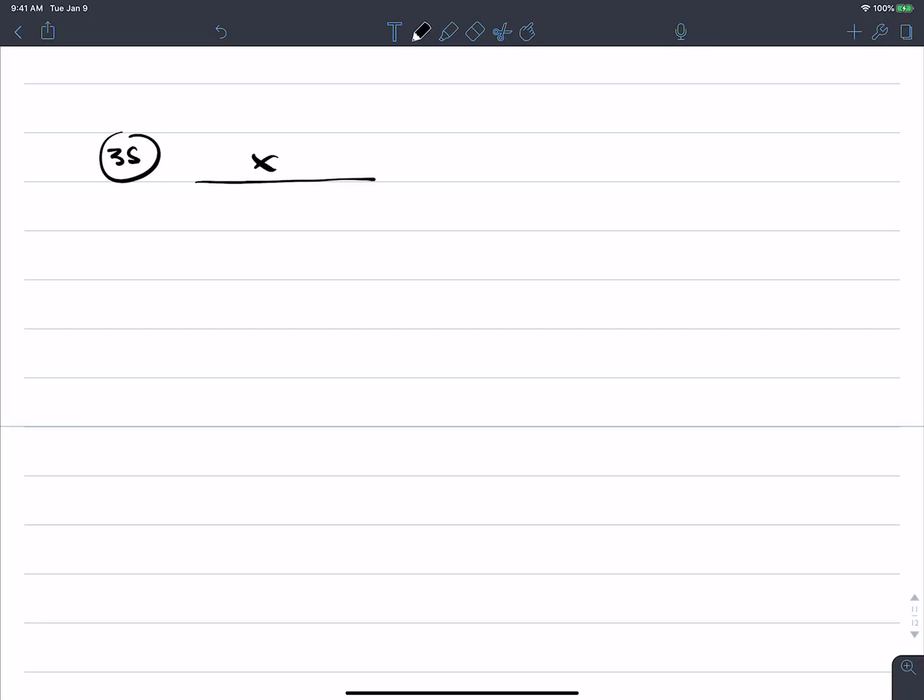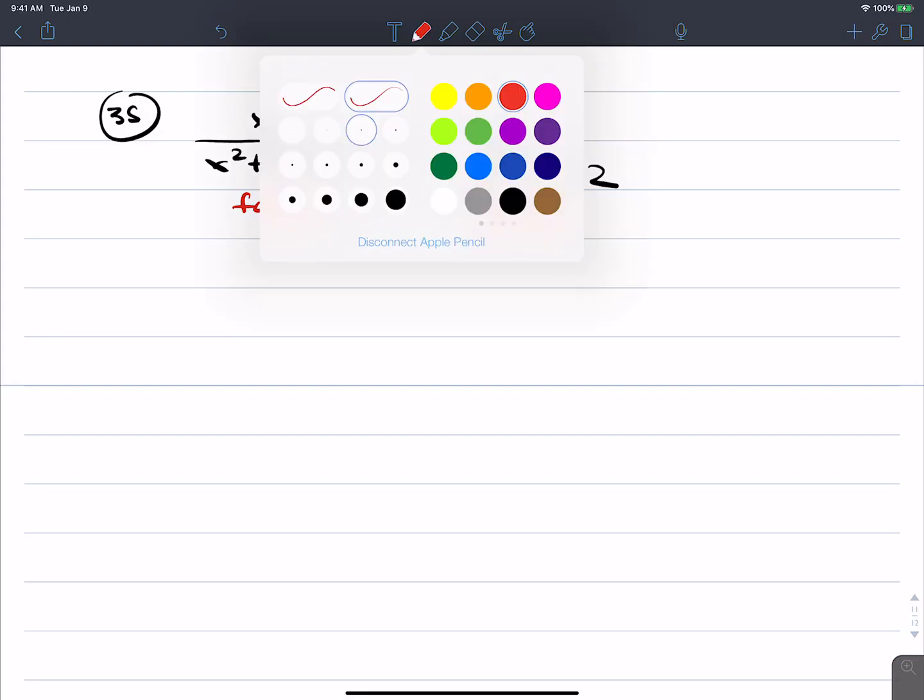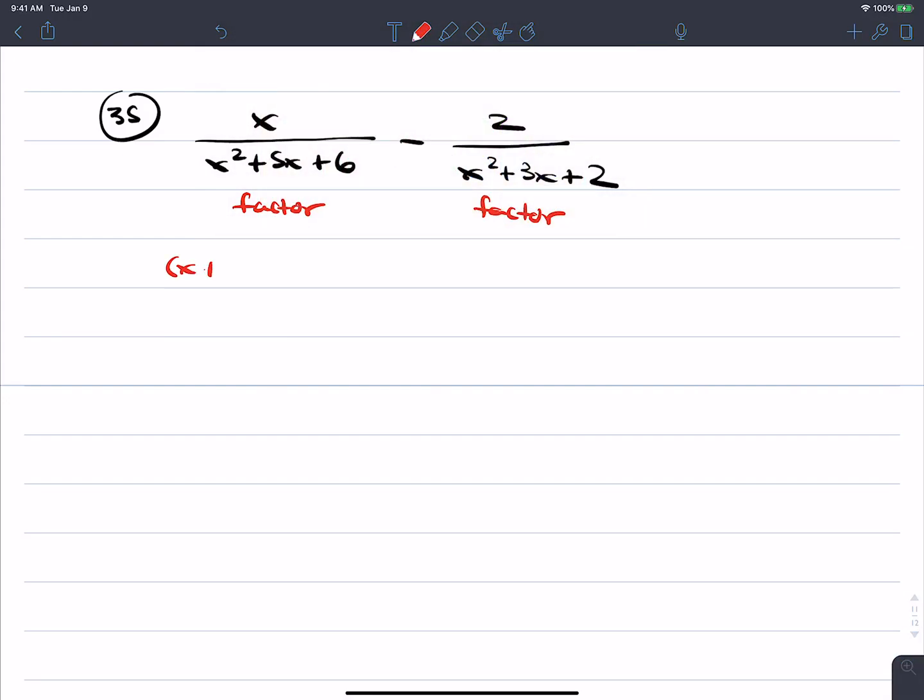x over x squared plus 5x plus 6 minus 2 over x squared plus 3x plus 2. You have to factor your denominators. So we get x plus 3 times x plus 2 for the first one.